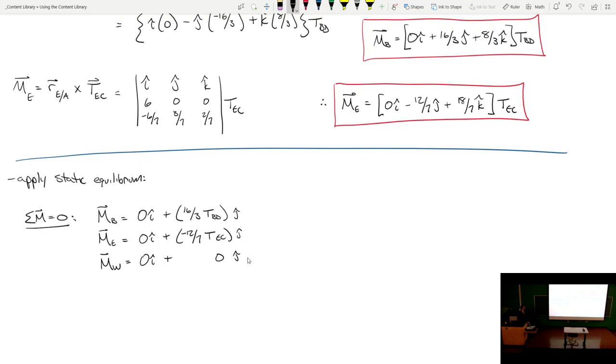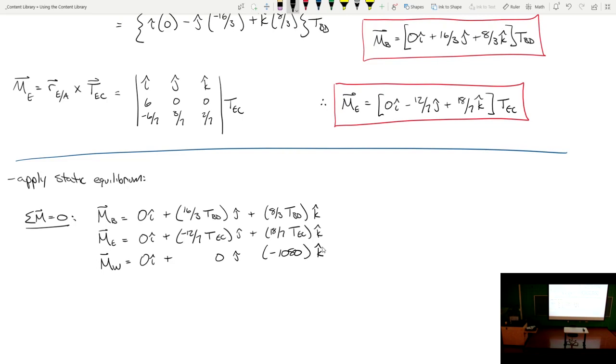What about k? All right, this one has that. This one has that, and this one has that.